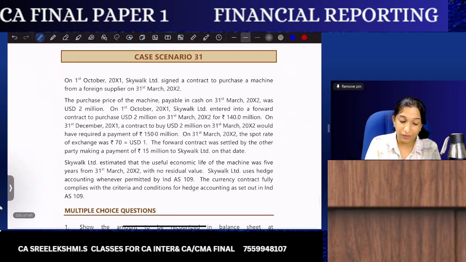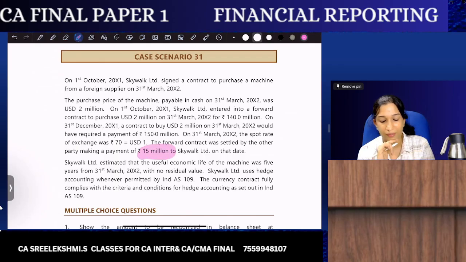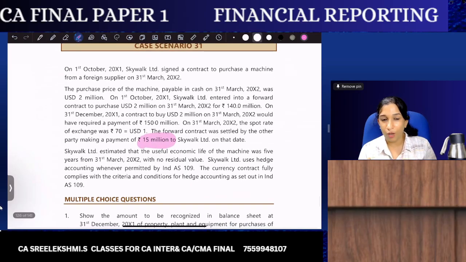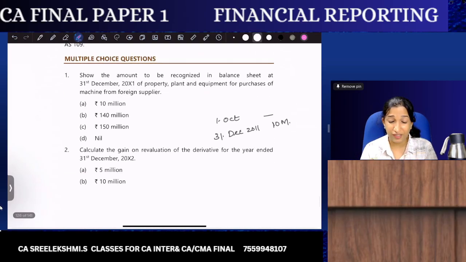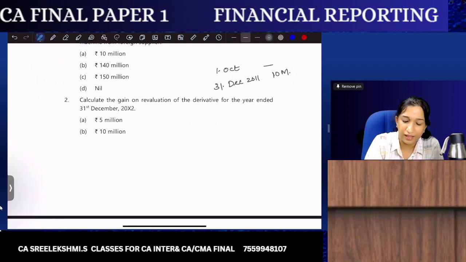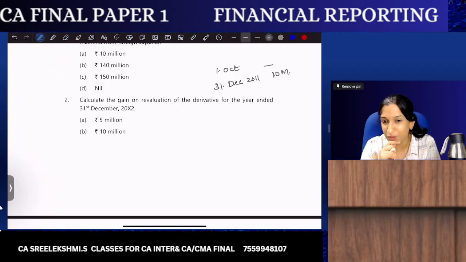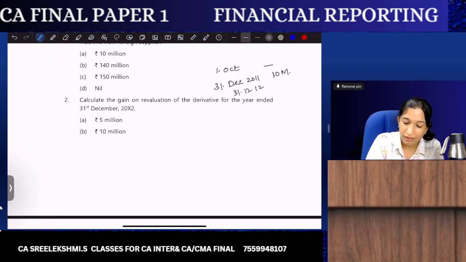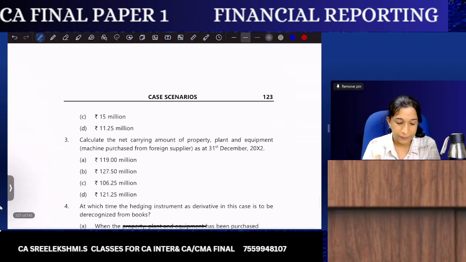Now, it is given in the question that the forward contract was settled by the other party by making a payment of 15 million to Skywork Limited on that date, which means on 31st March 2012, 15 million is paid by the other party to us. So there is a further gain next year. For the year ended 31st December 2012 there is a further gain of 5 million. So the answer should be option A, 5 million.